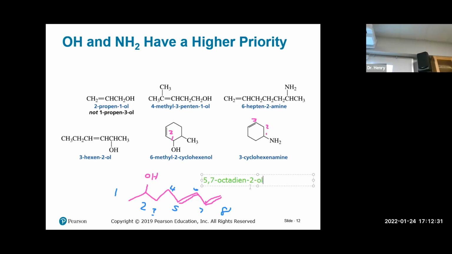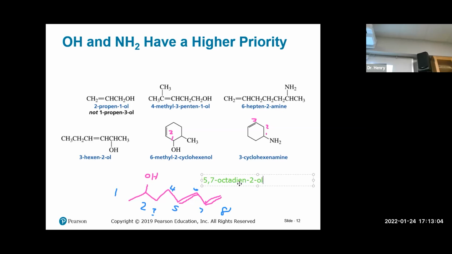How did you do it? That would be incorrect because remember, it's part of the main chain. If you put it on the outside, you're suggesting that it isn't part of it. No, the -ol is going to be the last name, right? But the octa, diene, you're saying that the double bond is within the long chain.